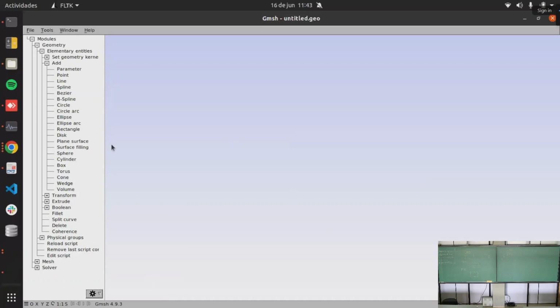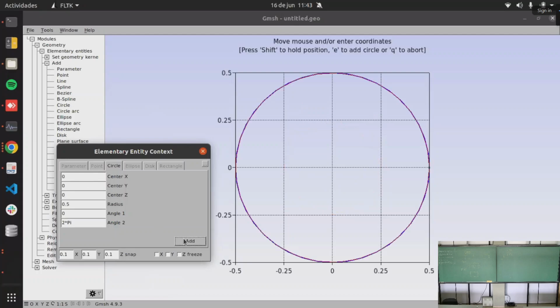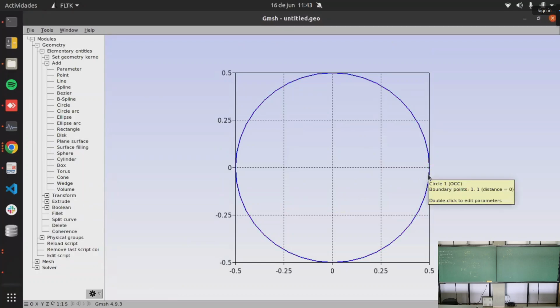If I want to make a circle, I have to set the center in 3D and the radius. And sometimes Gmsh forgets the initial point, so I found that some code had a big error around it. So I prefer to create the points and after that the circle arc.